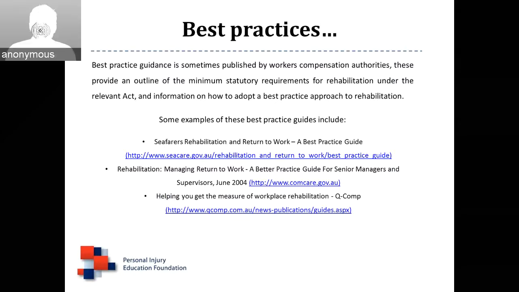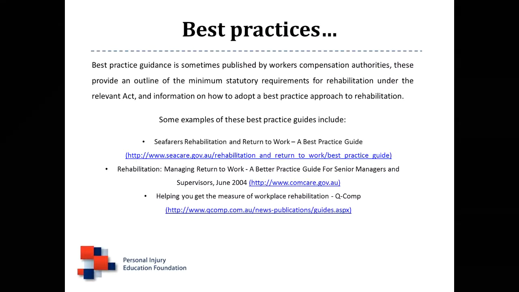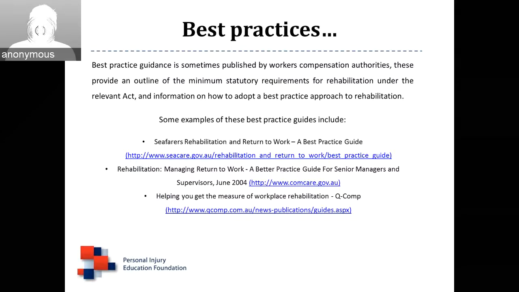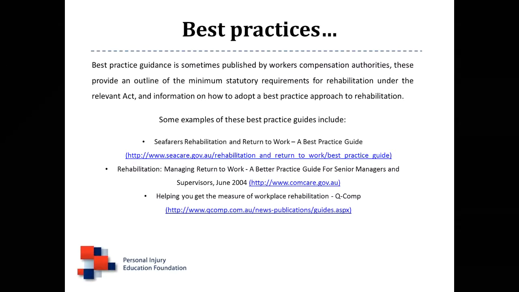I believe Comcare also have one available, a better practice guide for senior managers and supervisors. And also QComp in Queensland has a really good guide out, which looks at helping you get the measure of workplace rehabilitation. So I've got those resources up there. If you are interested in having a look at them, please do visit those websites and take a look at what information is already out there.